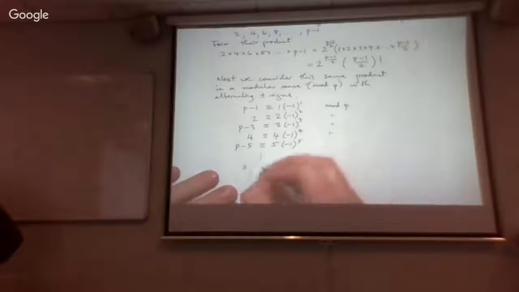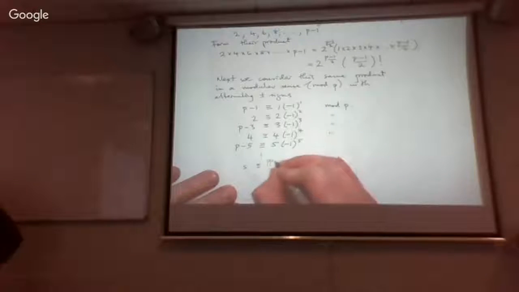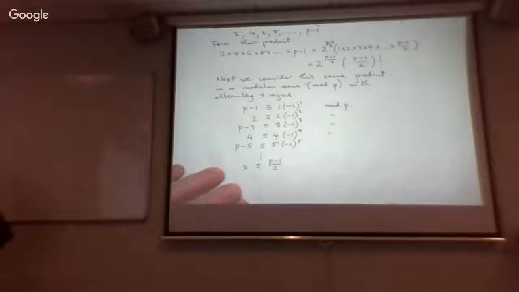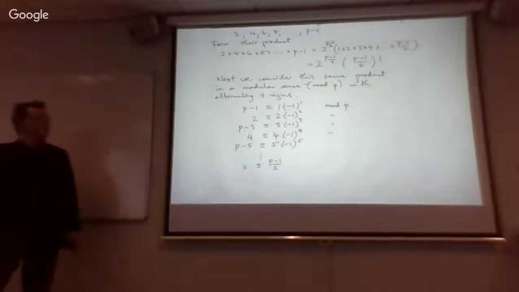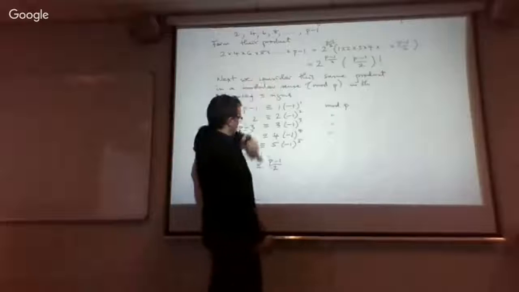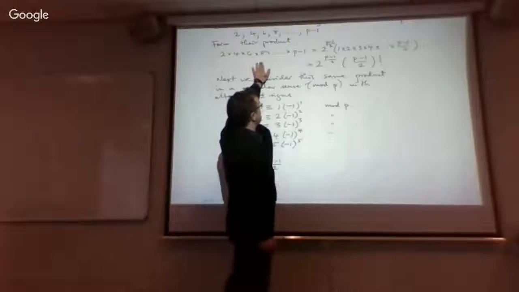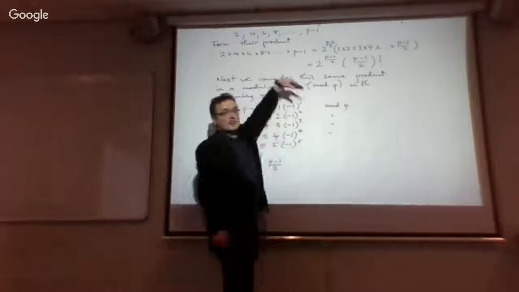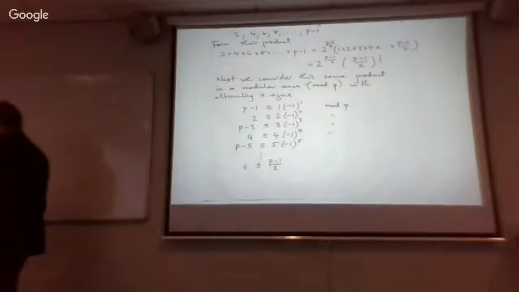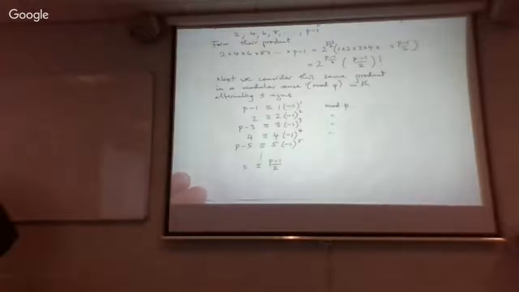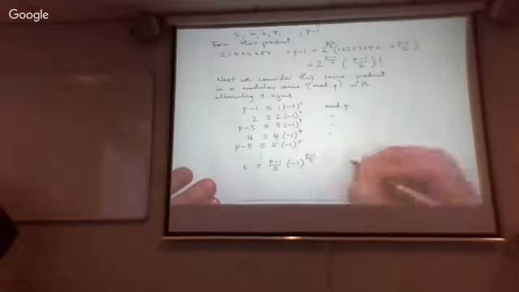So this is going to end with the last term being congruent to (p minus 1)/2, certainly. But it's debatable whether that (p minus 1)/2 falls at the end of the initial half or the beginning of the second half. So this will be minus 1 to the power (p minus 1)/2.